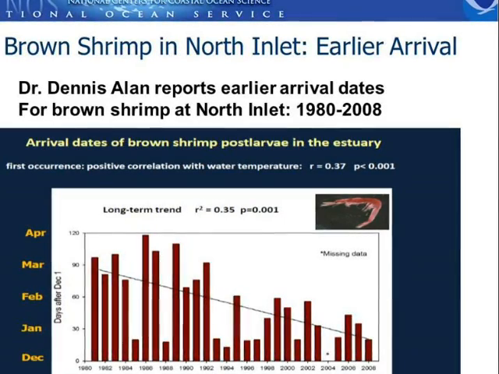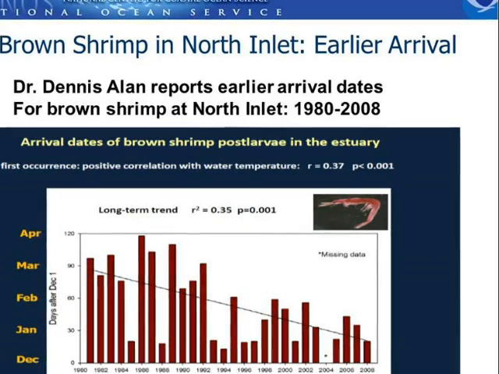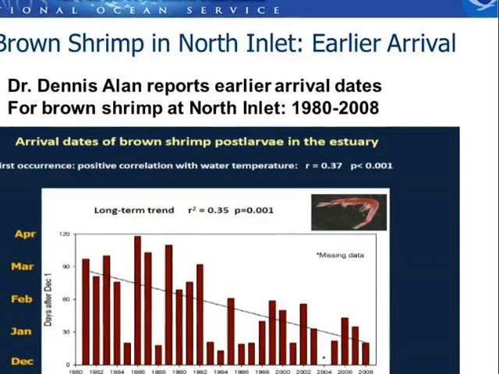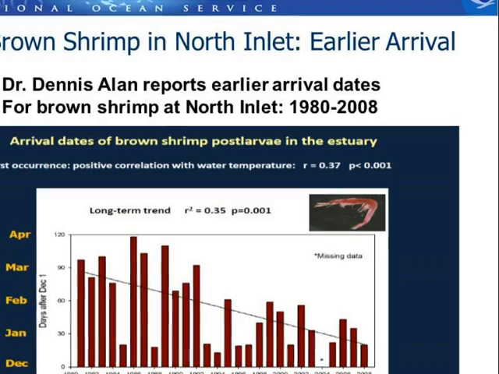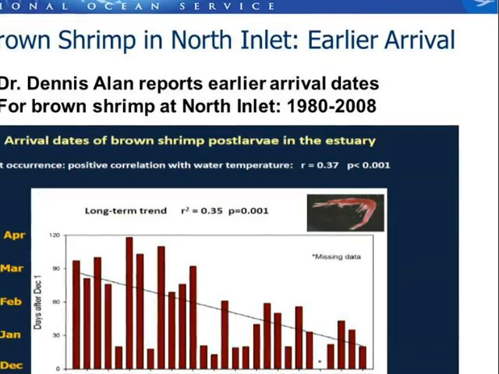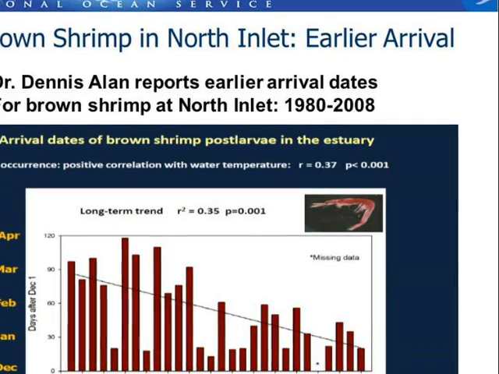You'll see that's usually above 90 to 120 days, some 25 to 30 years ago. But now what we see as we look ahead, those shrimp are now showing up in December. And what that means is we're having year-round populations of Penaeid shrimp in North Inlet.